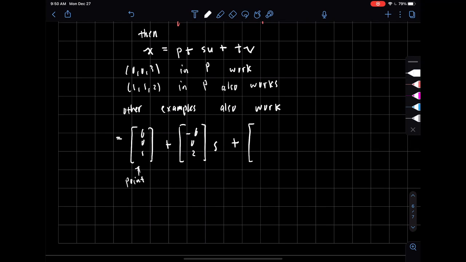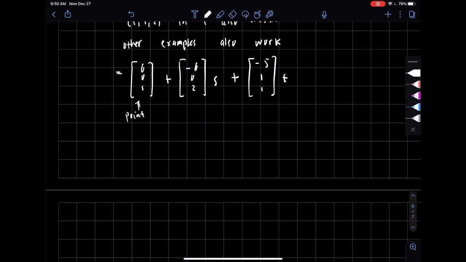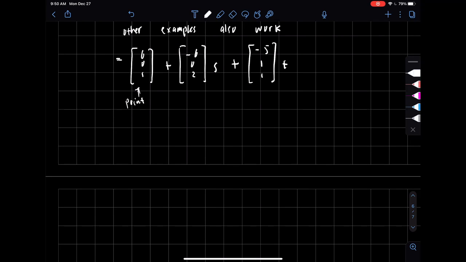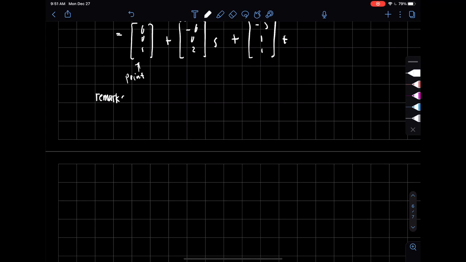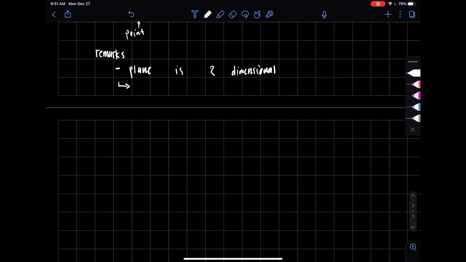And that's it. Some final remarks on this subject matter: we learned that a plane is simply a two-dimensional object, and because it is a two-dimensional object, its equation in both vector and parametric form requires two parameters.